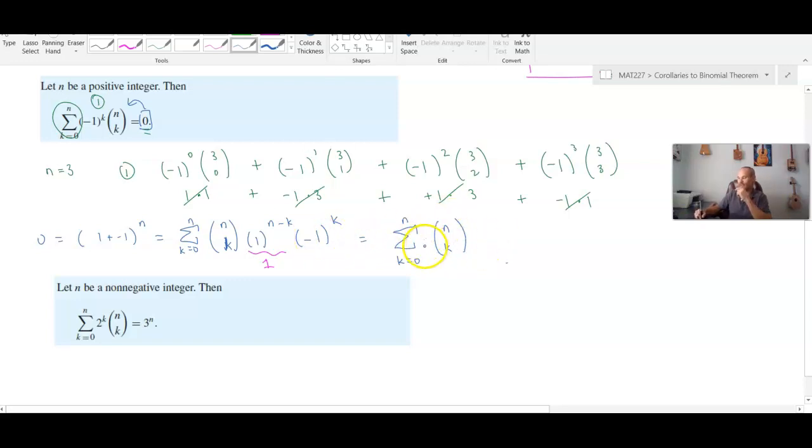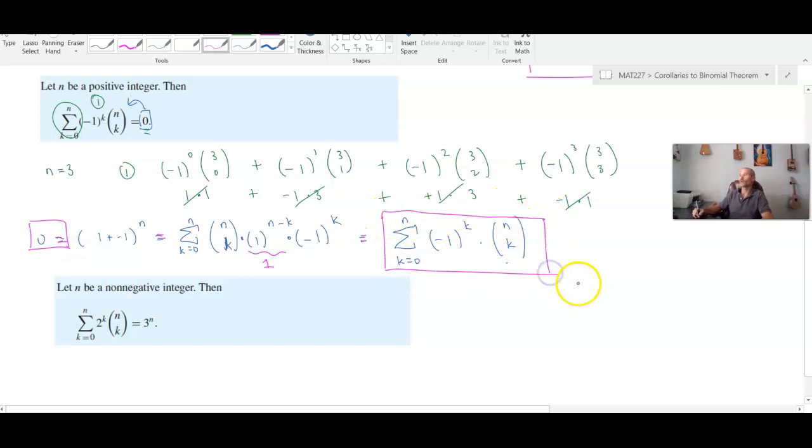And then, because these are being multiplied together, it doesn't matter what order I multiply them in, so I'll say negative 1 to the k times n combination k. And I'm done. I've proven that because these are all equal to each other, the first thing in the equalities is the same thing as the last thing in the equality.